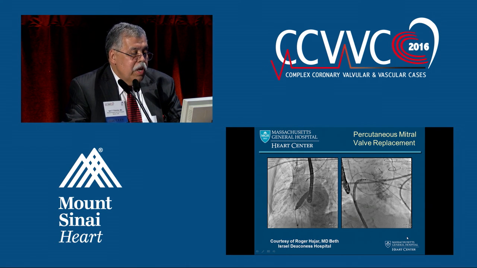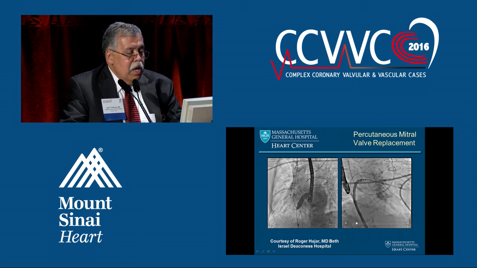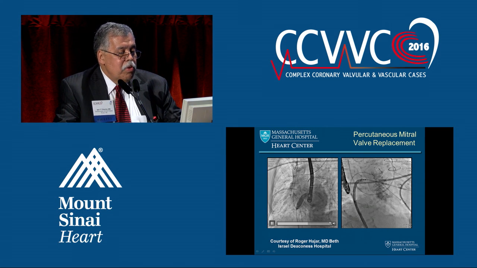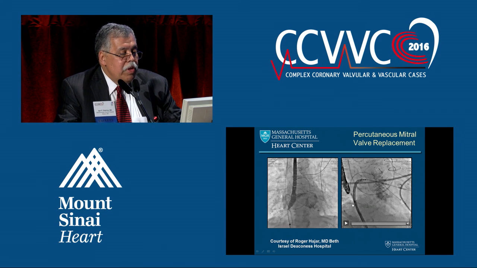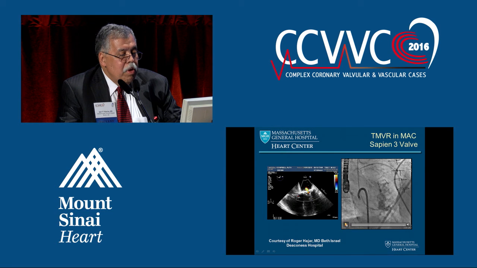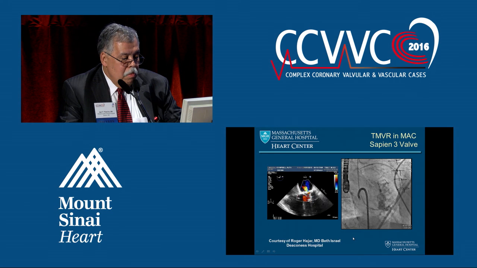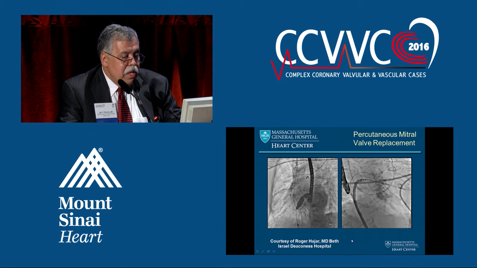So the next you see here is the dilatation of the interatrial septum, like at the beginning of the PMBV, we used to do this. And now it was a 12 millimeter balloon. And then you actually use the assembling of the Sapien valve to place it across the old prosthesis in this case, and place it very carefully under TEE and fluoroscopy guidance.